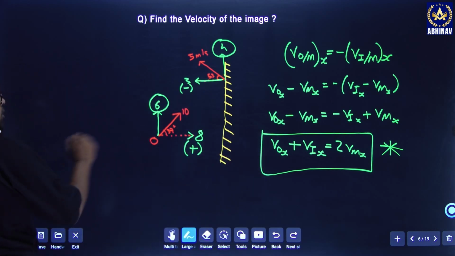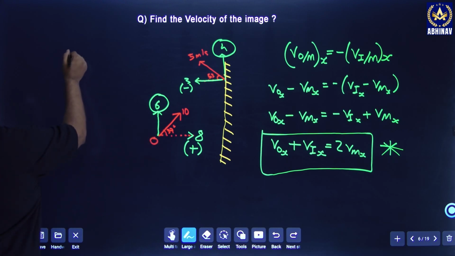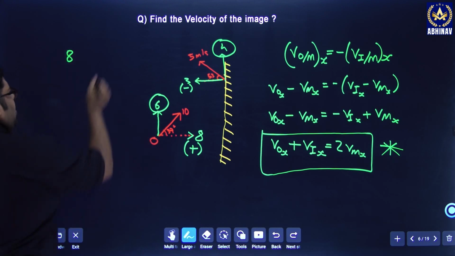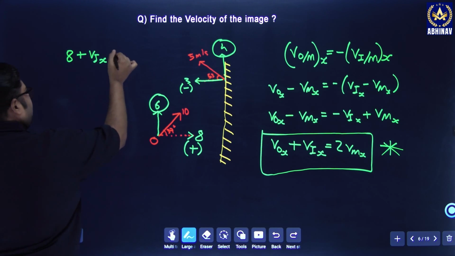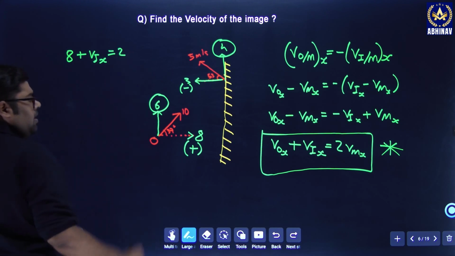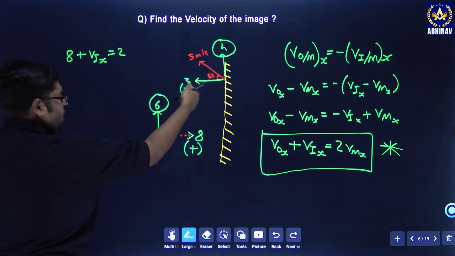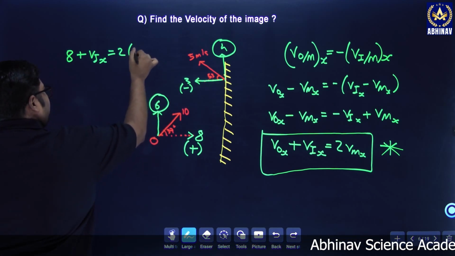Let us substitute the values. So velocity of the object along x-axis is positive 8 plus velocity of the image along x-axis, that we need to determine, is equal to 2 times the velocity of the mirror along the x direction, that is going to be minus 3.